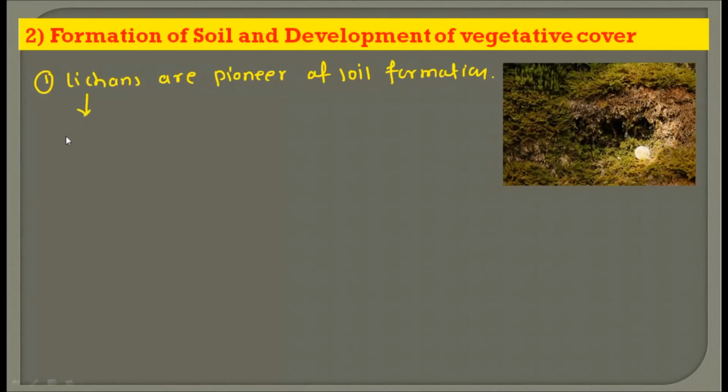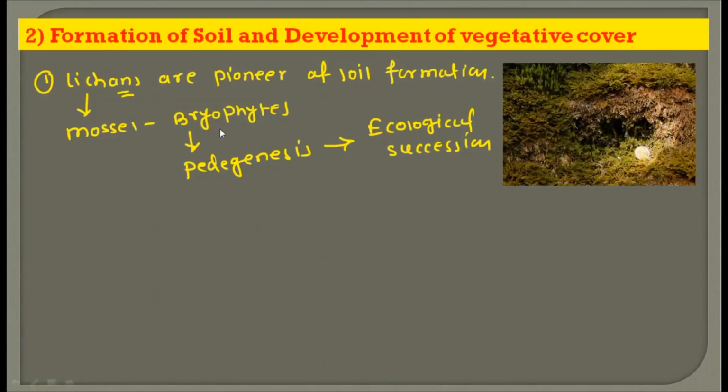But soon after the lichens, mosses, that is the bryophytes, come into the picture, which again speed up the process of soil formation, and we call the process of soil formation pedogenesis.